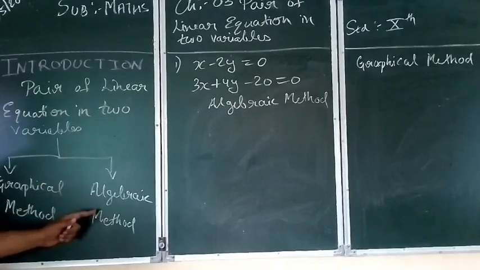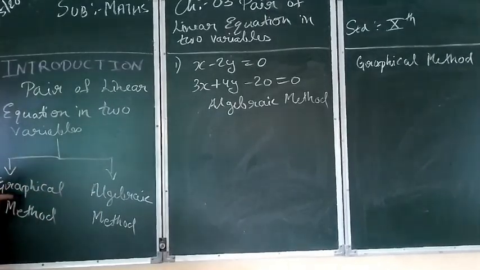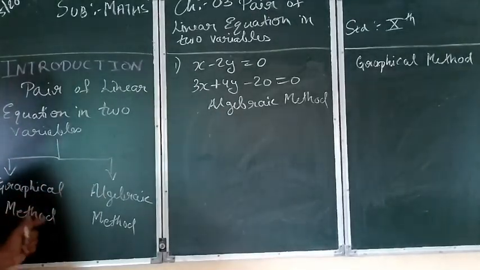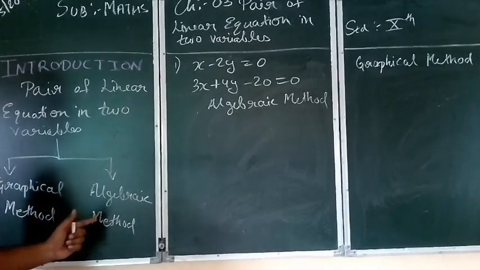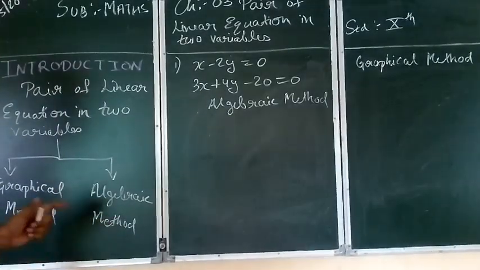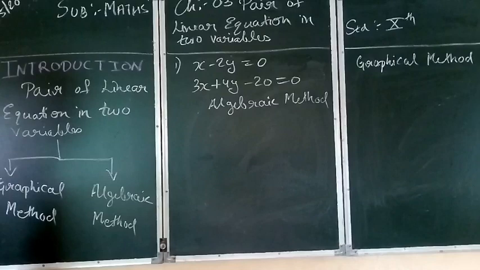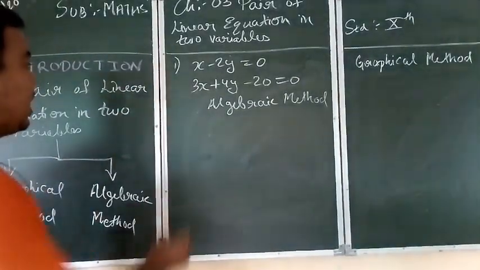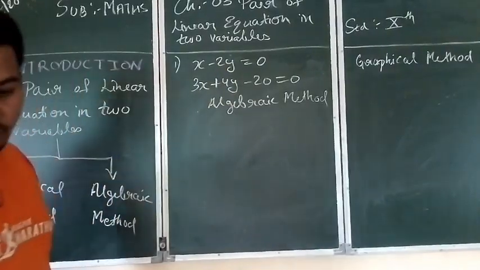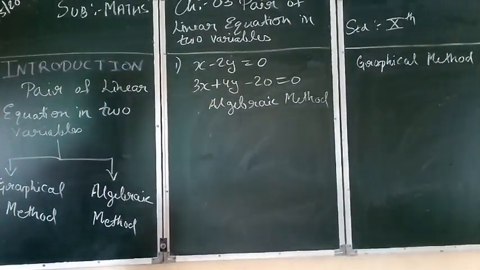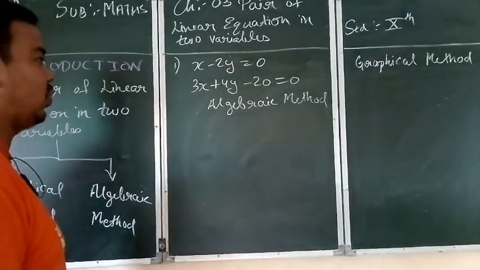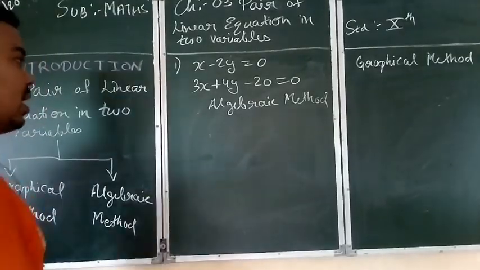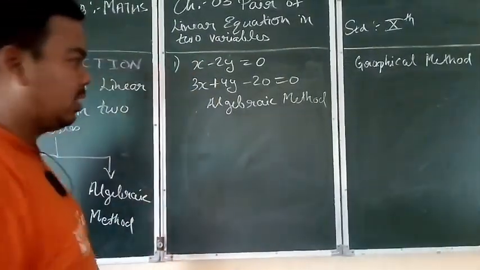The graphical method means we represent in graphs, and the algebraic method means we solve numerically and find the values of x and y. For the algebraic method, we take the equations x minus 2y equal to 0 and 3x plus 4y minus 20 equal to 0. First we solve by the algebraic method.